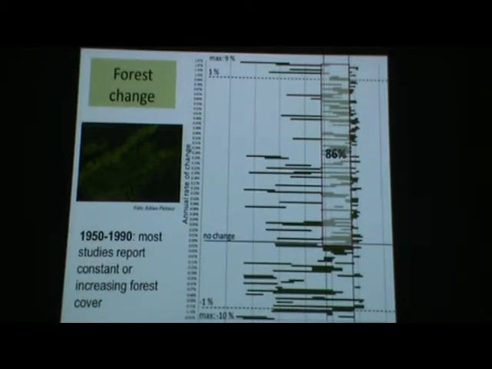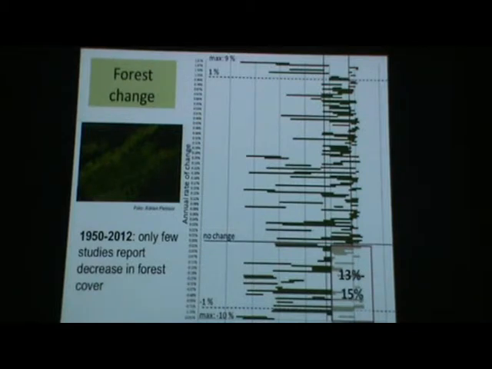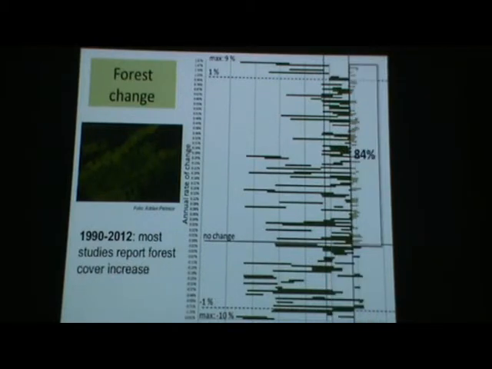And this is probably due to the fact that there was a lot of logging in that era, but there were also reforestation politics across the communist countries with different tree species. And then since the 1950s up to now, we have very few studies that report a decrease in forest cover, and most of the recent studies report an increase again, afforestation since the 1990s.